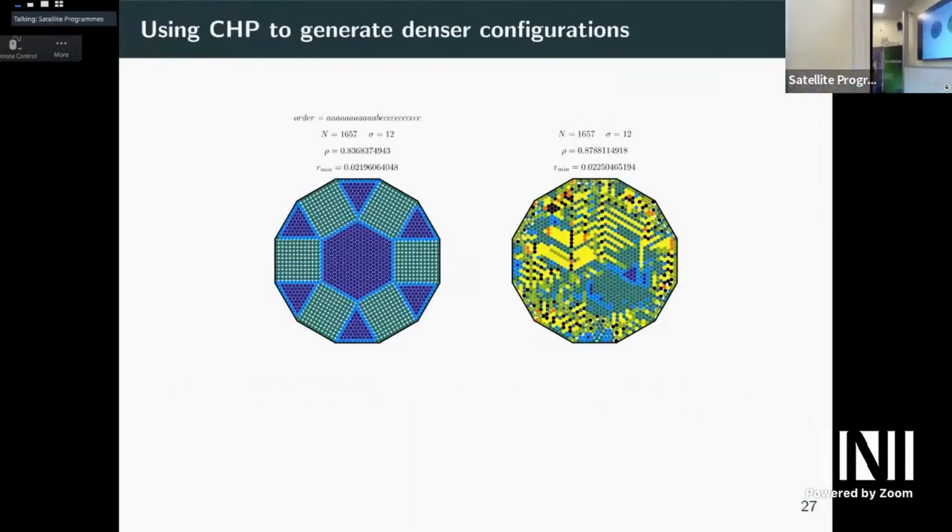I don't know how much you can see, but these are very small. The number of disks that are here is the same number that is here. So the packing fraction always depends on K, of course.